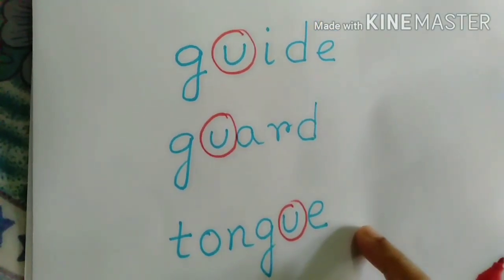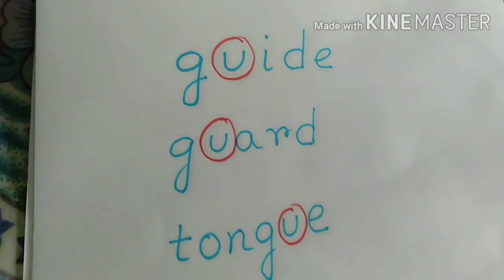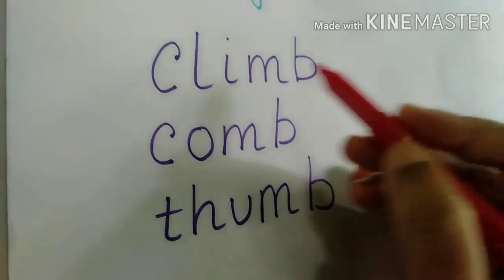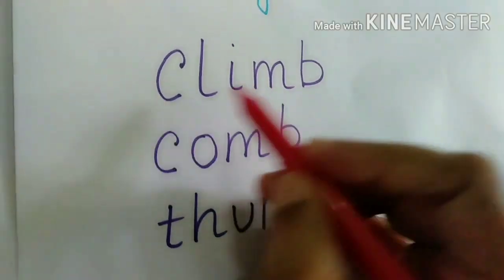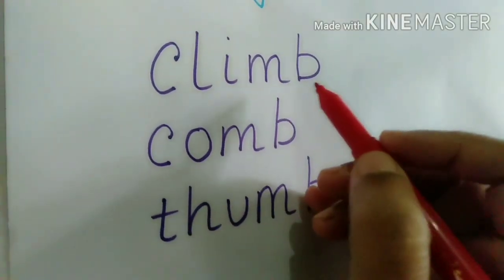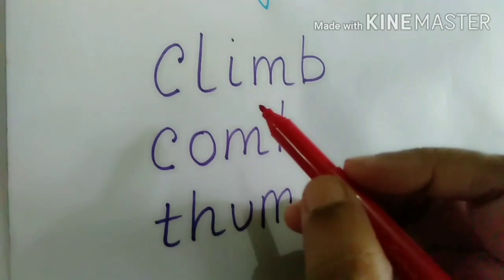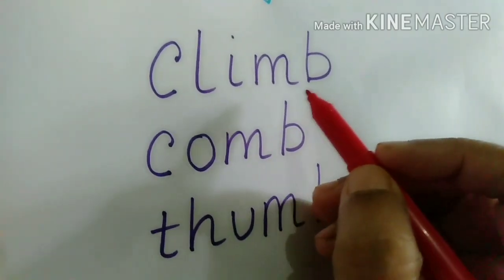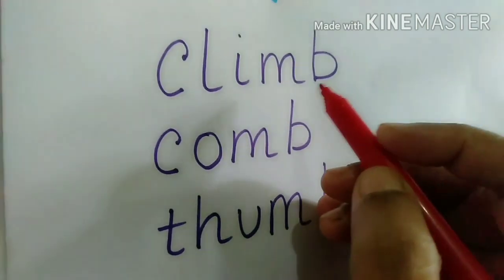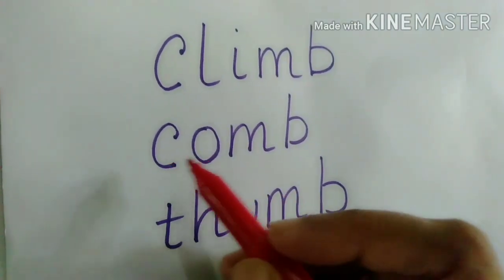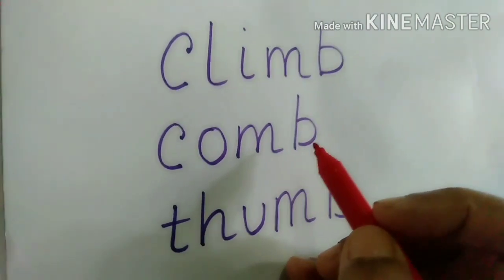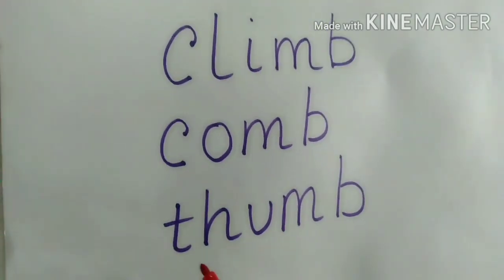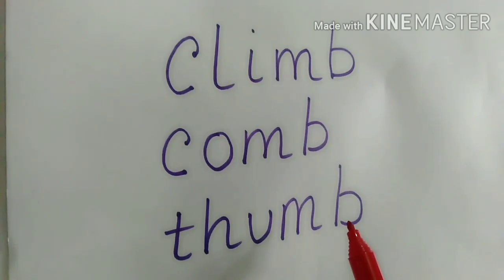Now, let's come to the next set of words. Now, here we are ready with another 3 words. Climb, C-L-I-M-B. What is the pronunciation? It's not climb with a B sound, it's climb. So, we are not pronouncing the letter B. Next case also, C-O-M-B. The pronunciation will be comb. This is T-H-U-M-B, thumb.